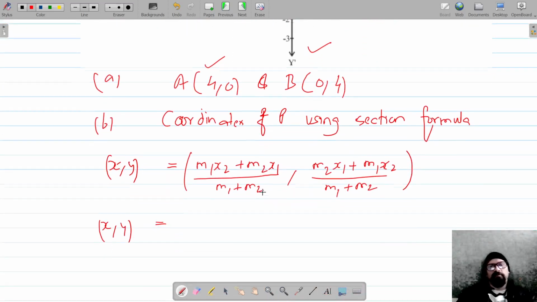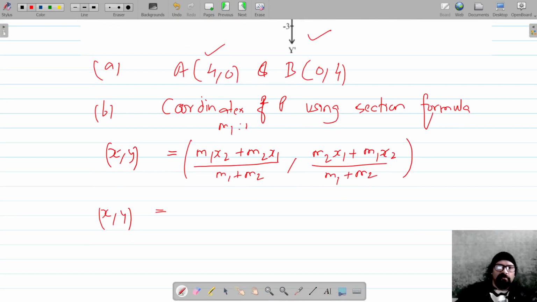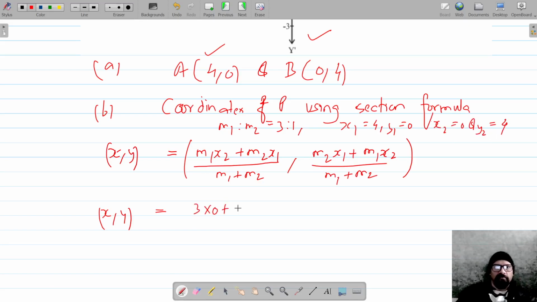So m1 is 3 and m2 is 1, since it's internally dividing in the ratio 3 is to 1, and x1 is 4, y1 is 0, x2 is 0, y2 is 4. So x is m1 into x2, which is 3 into 0, plus m2 into x1, which is 1 into 4, upon m1 plus m2, 3 plus 1 is 4.